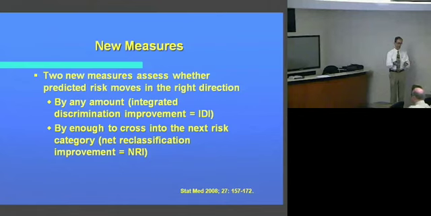They go up or down the right way. And the second one is, well, maybe you moved everybody up by 1/1000th of a unit of probability. You'd get a really good result, but it may be useless because you didn't move them very far. Did you move them far enough that you would change their estimated risk into a category that's meaningful? So that's the Net Reclassification Improvement Index.